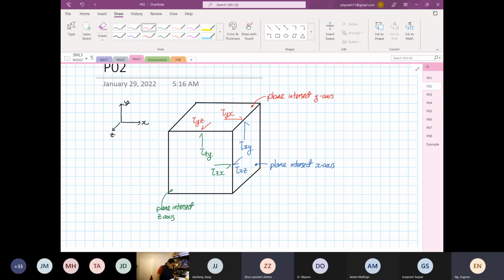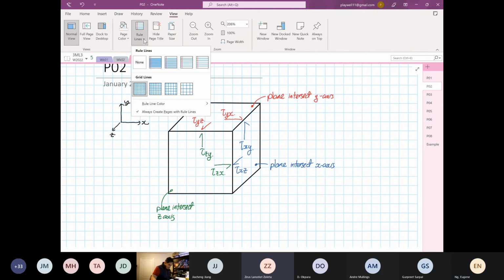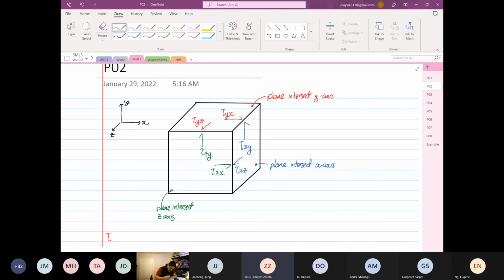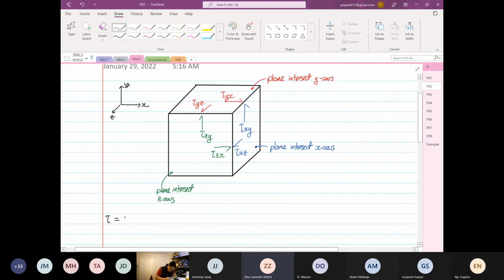Okay, so the next thing is we are going to look at this formula over here. We're going to focus on shear stress, which is equal to VQ over IT.